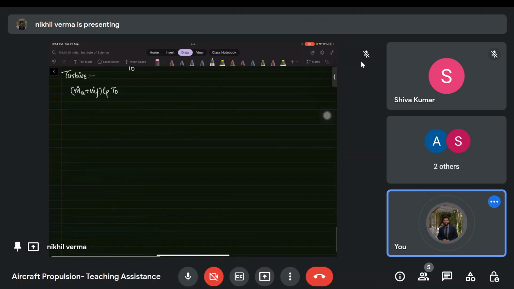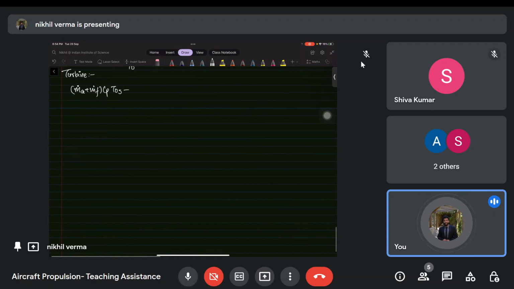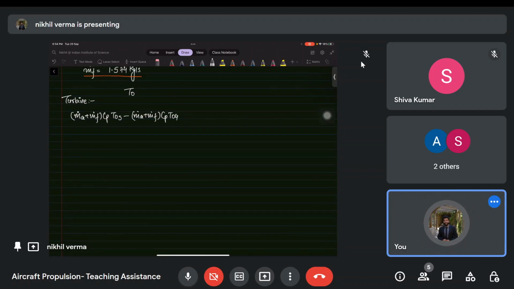So this is T naught 5, (m dot a plus m dot f) cp T naught 4. This is the energy that is developed by the turbine. So only a part of it will be used by the compressor and the fan.